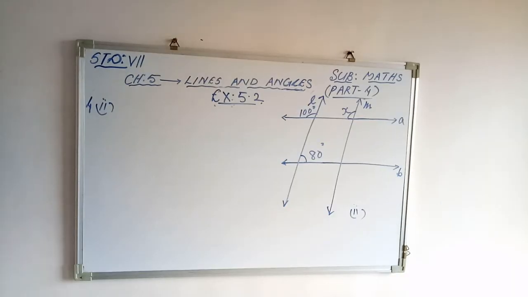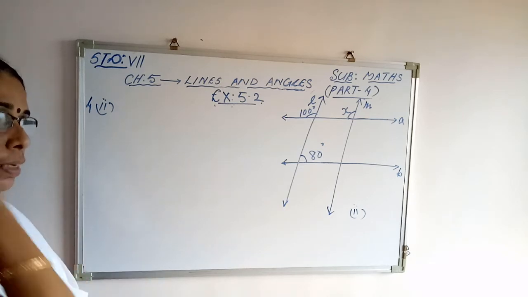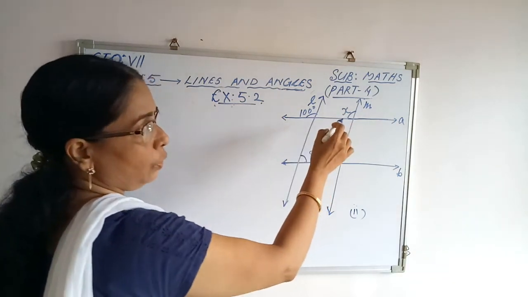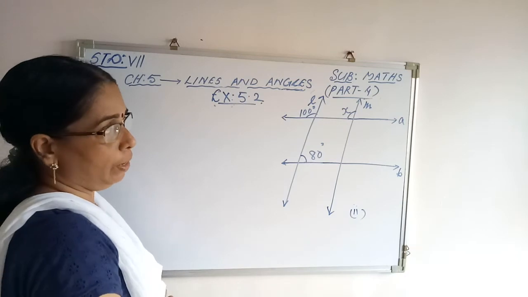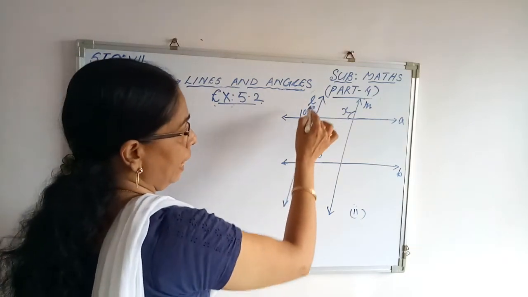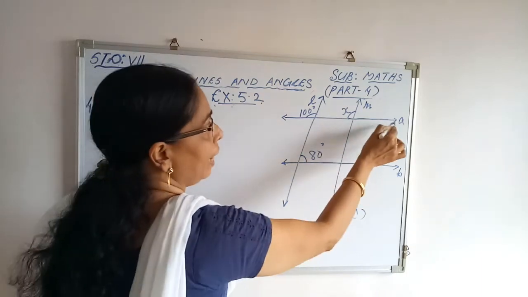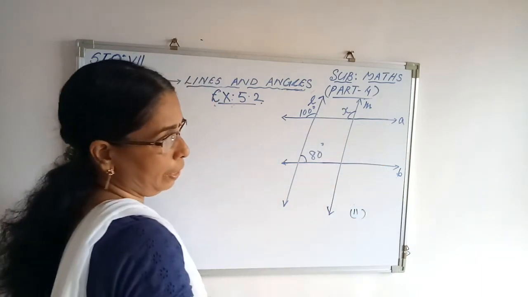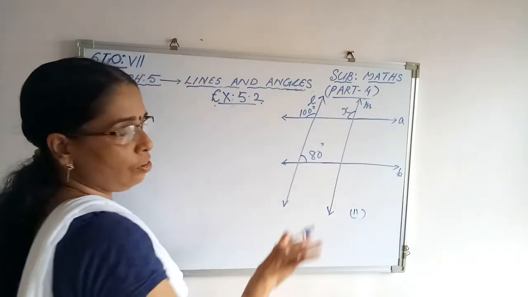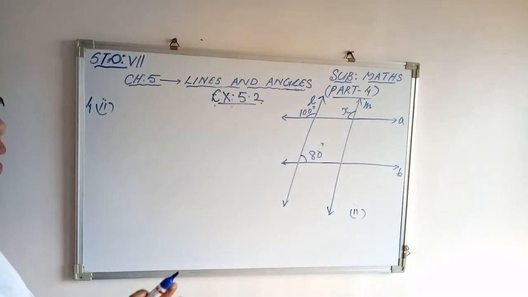See question fourth one, second. There are two pairs of parallel lines given. First one, line L parallel to line M, and other line A parallel to line B. So many lines, don't get confused, very easy to calculate.